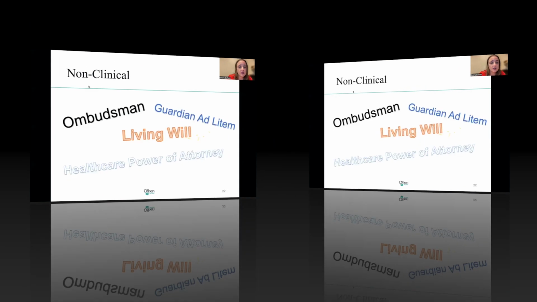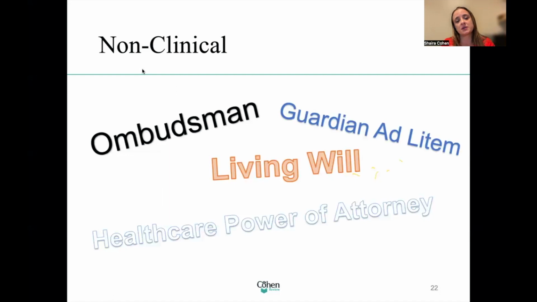But let's move on, because we have some serious terms we need to talk about. Ombudsman, guardian ad litem, living will, and all these other terms you have to be familiar with before you enter the exam and be able to apply them when they give you an example. So let me describe one of them and you tell me which term I am talking about. Ready?